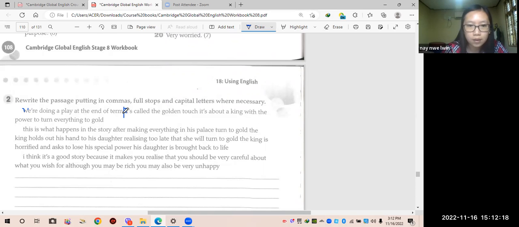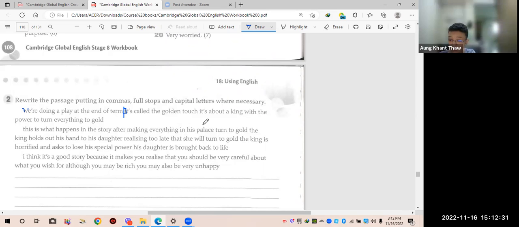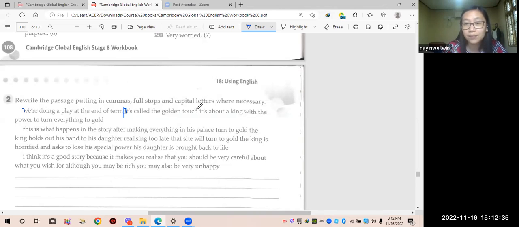So where do we put a comma or full stop for this one? Between touch and is. Full stop, yes, because there is no connecting word, so we have to put a full stop there. It is about a king with the power to turn everything into gold. Full stop again, right? So this has to be a capital letter again.